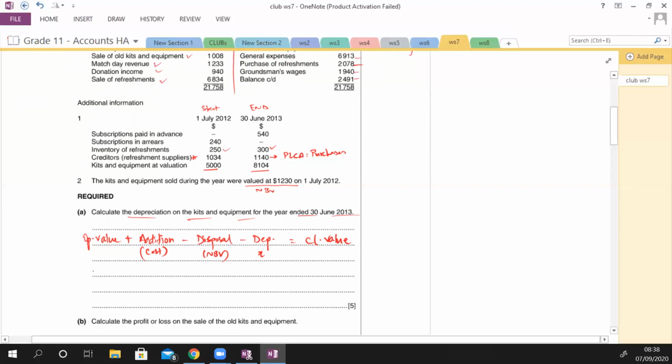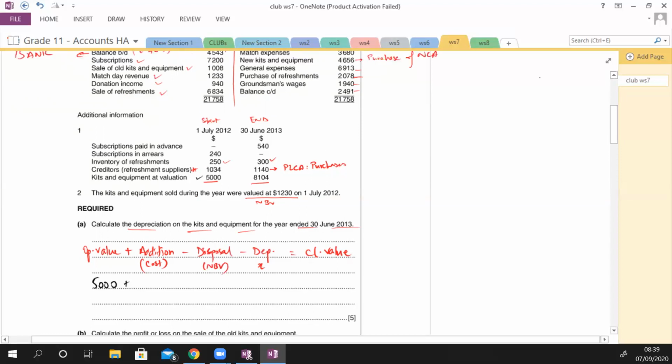Now opening value of kits and equipment is 5,000, plus addition. Addition means you would have purchased them. So the new kits and equipment that you purchased, over here on the payment side, is 4656, minus disposal.